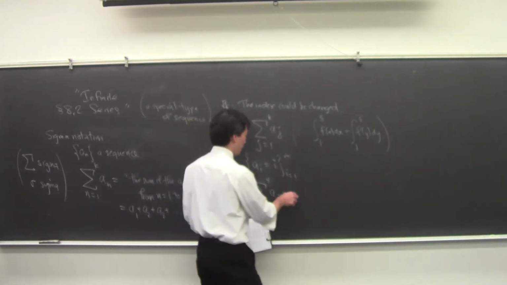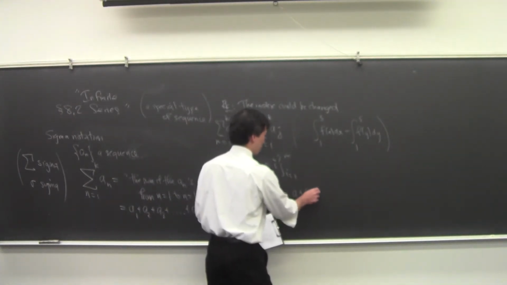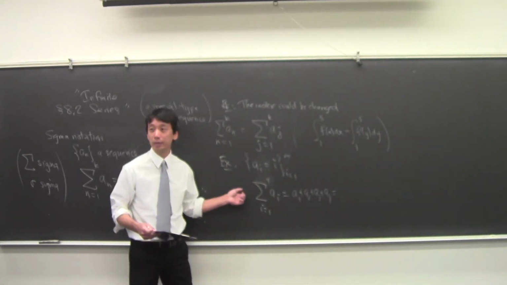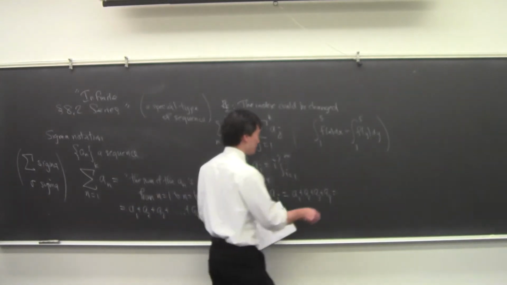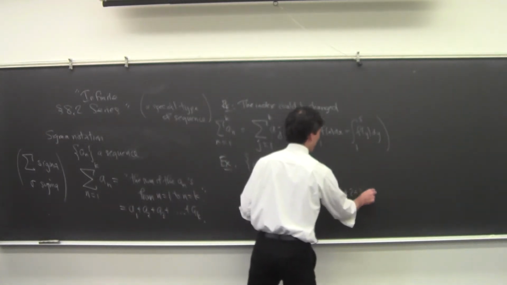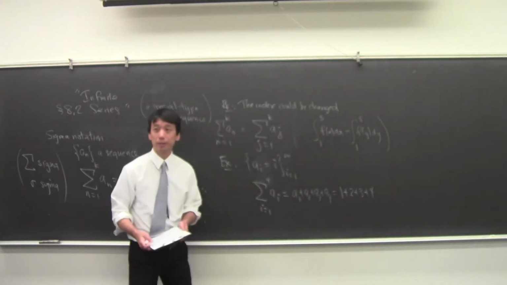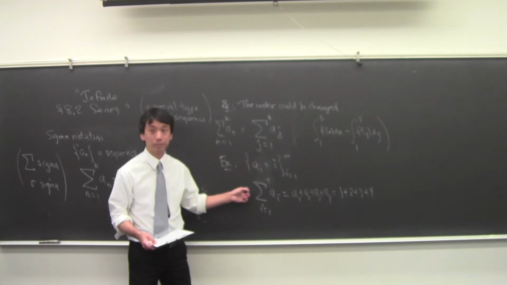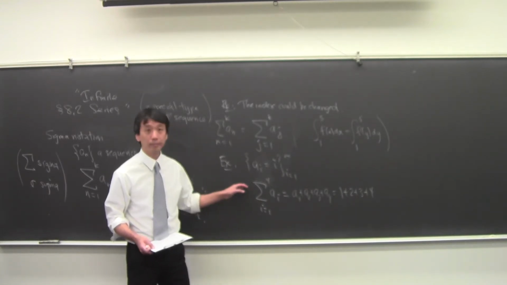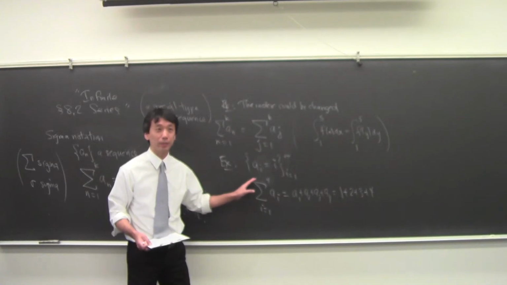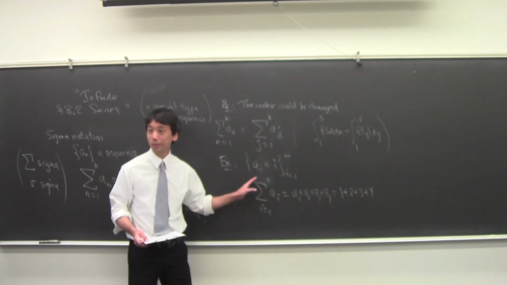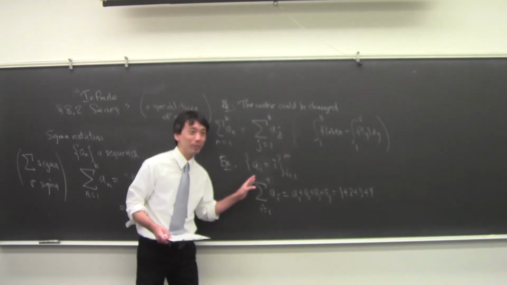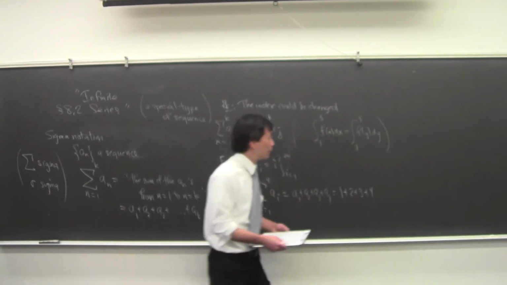Well, that would be a1 plus a2 plus a3 plus a4, which is 1 plus 2 plus 3 plus 4. Is that okay? Making sense? Makes sense to everybody? Anybody have questions so far? Anybody confused? Hey, you okay? Yes? Okay.